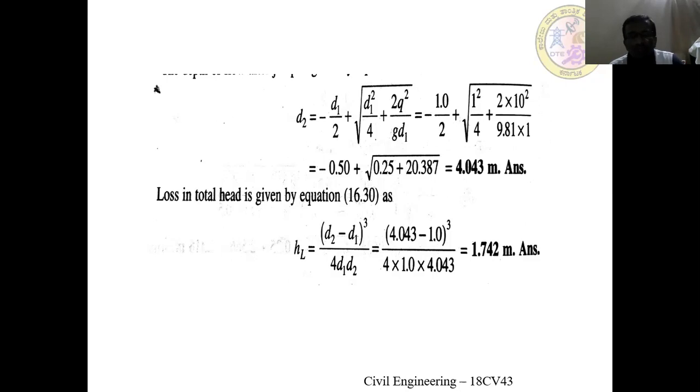So we get the value of D2 is 4.043. Then the loss of head is given by HL equals (D2 minus D1) whole cube by 4 D1 D2. We know D2 and D1, substitute and get loss of head equals 1.72 meter.